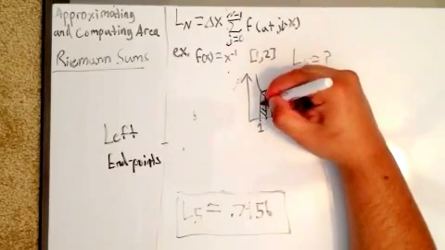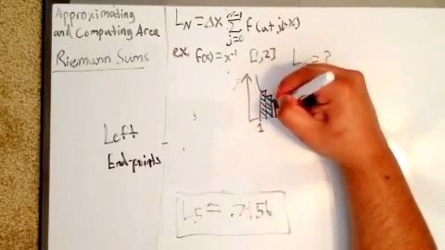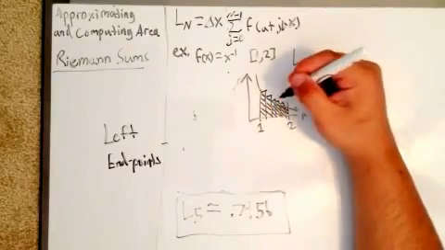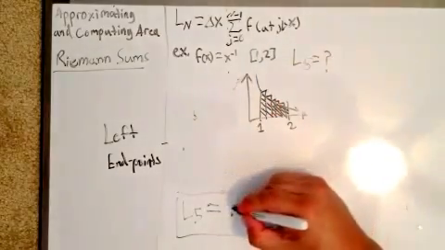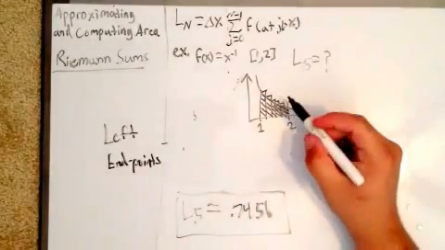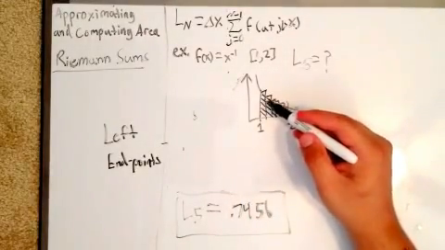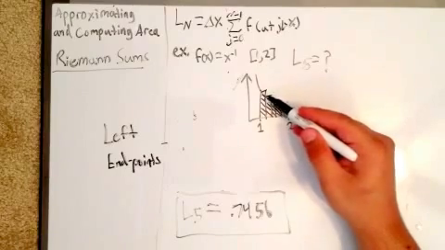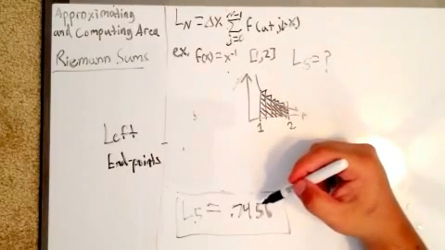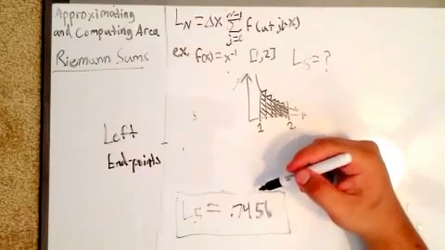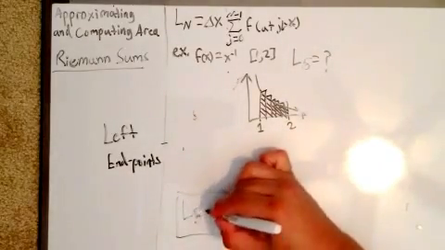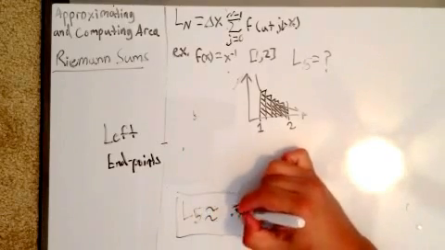We took the area of each triangle and added them all up. That's where we got 0.7456, by calculating the area for each triangle and adding up all the area. Now you have to remember, this is just an approximation.